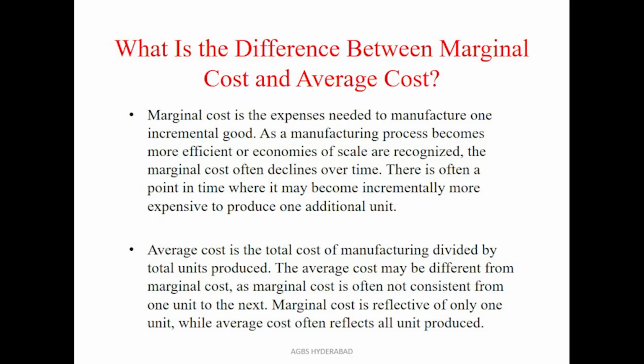What is the difference between marginal cost and average cost? Some may have a doubt, because some people assume that marginal cost is an average cost, or a cost incurred more than the average. So, average cost is different, marginal cost is different.